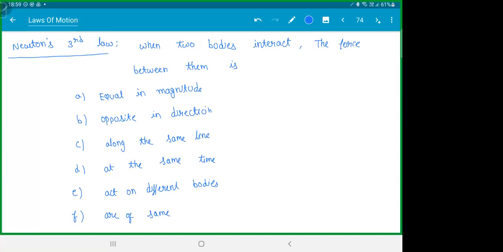Same nature meaning if one is gravitation, the other also should be gravitation. You can't have one force electromagnetic and one force gravitation. These are the 6 points. For the action reaction pair, which we can just call a pair of forces, but it doesn't matter, they should satisfy these 6 conditions for them to be a pair.